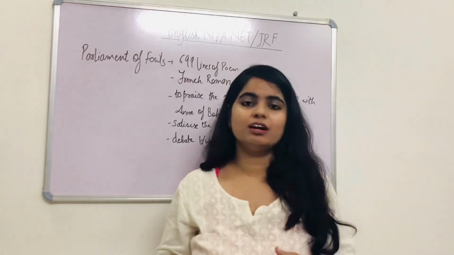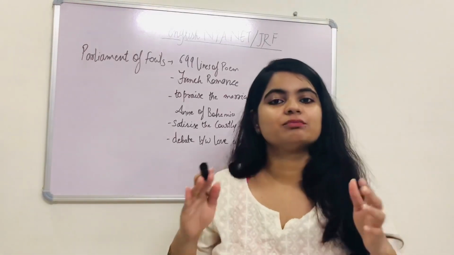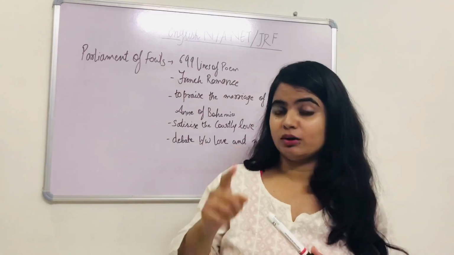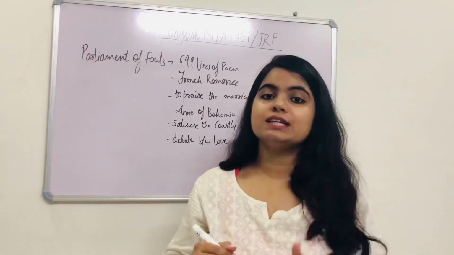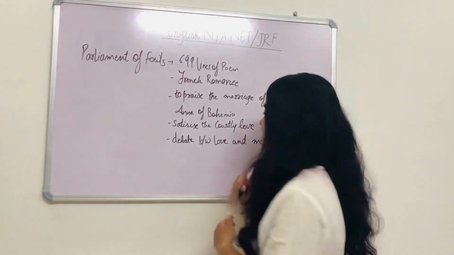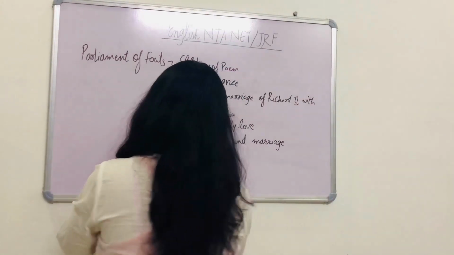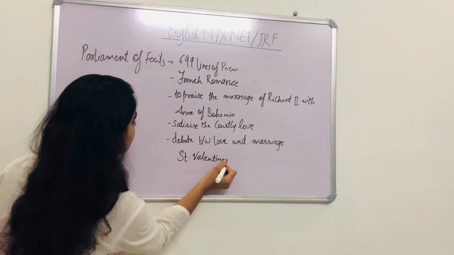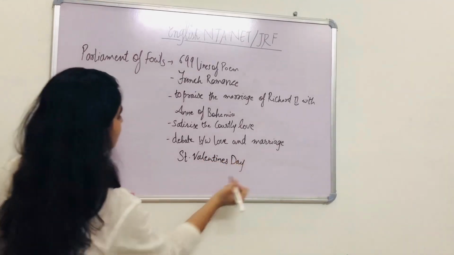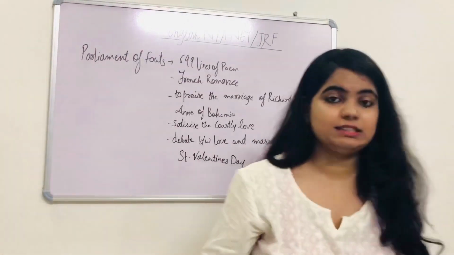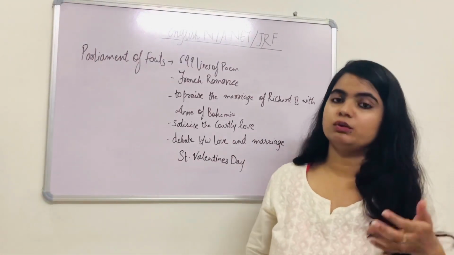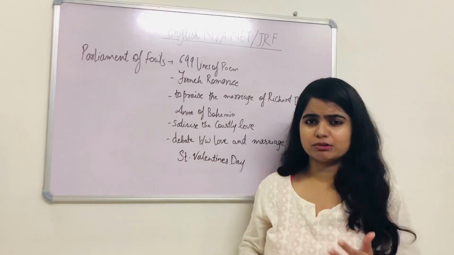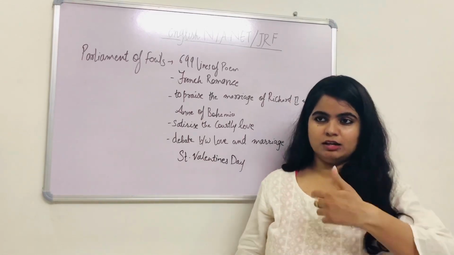So what occurs in this poem is an ongoing conference between the birds on the day of Saint Valentine's Day. On Valentine's Day, there is a conference going on between the birds, and there nature takes control over the debate, because there was an ongoing debate between eagles.